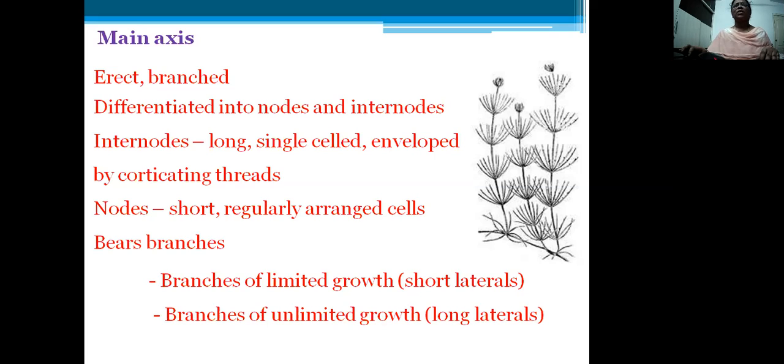They bear branches. These branches, which arise from the nodal region, are called branches of limited growth. They are comparable to leaves, or can be called primary laterals. So they are short laterals. From the branches of limited growth, the branches of unlimited growth, the long laterals, are formed.